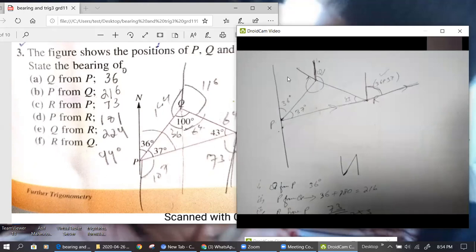Okay, you are saying 326. Yes, the question is what? The question is Q from R. It's the best part of this question.